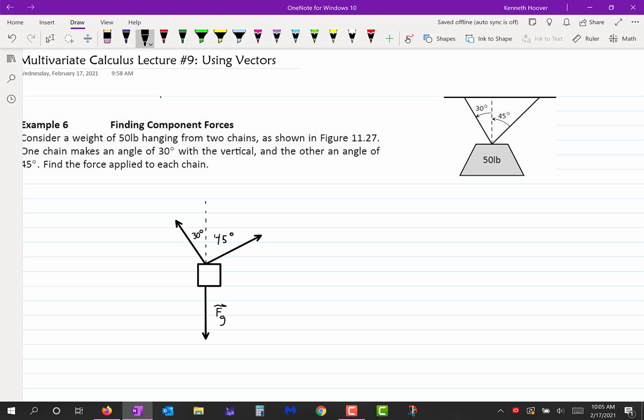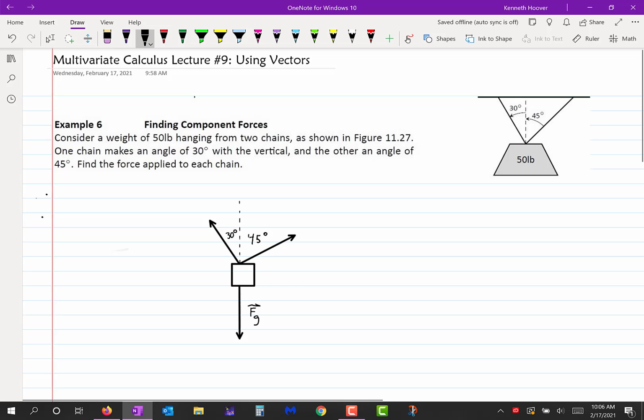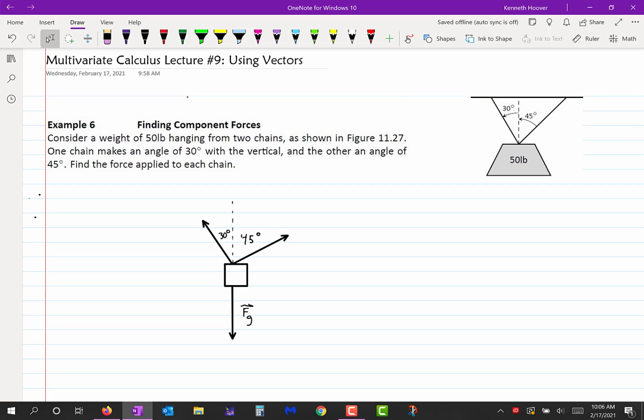So the direction of those vectors matches the angle of the chains, but the length of those vectors doesn't necessarily match the length of the chains. In fact, they almost certainly don't, because I wouldn't expect the magnitude of the tension force to happen to be exactly the same as the length of the chain. The force is applied across the whole length of the chain, but the strength of the force does not equal the length of the chain.